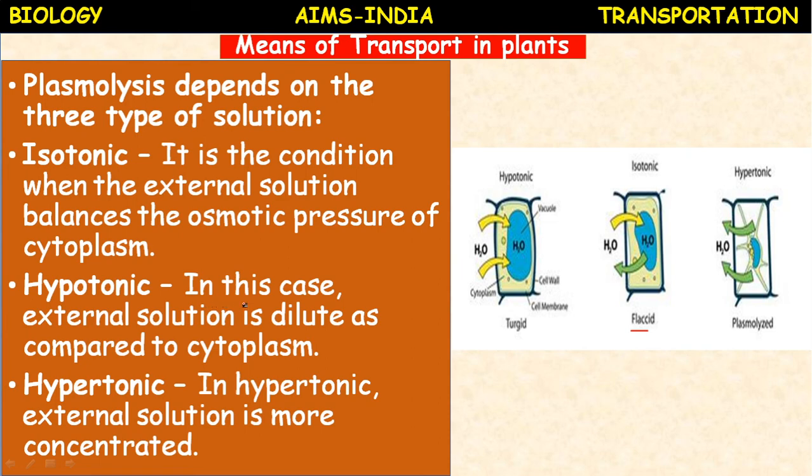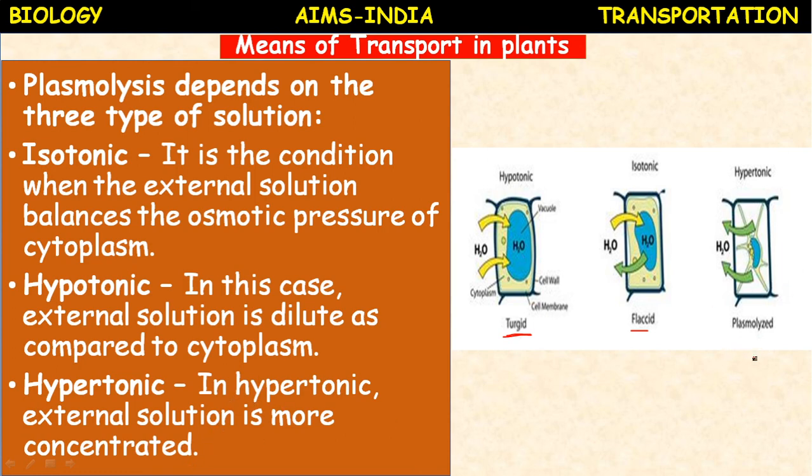Next, hypotonic. In this case, the external solution is dilute as compared to the cytoplasm. So this condition is the turgid condition. And hypertonic.